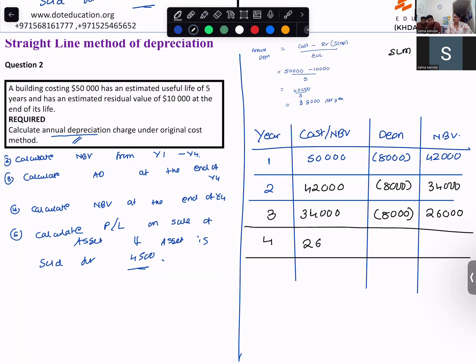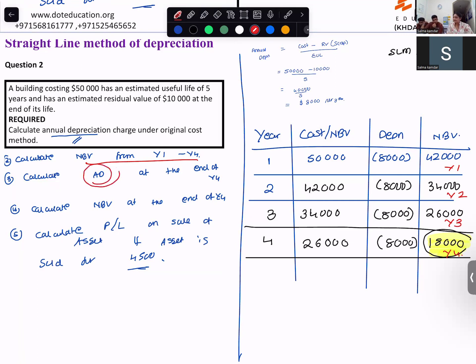Net book value at the start of year 4 is 26,000. Depreciation for year 4 is 8,000. Net book value at the end of year 4 is 18,000. Are you with me? So I have calculated net book value from year 1 to year 4.